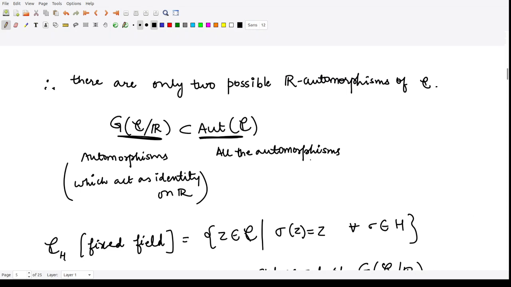So here we have constructed this. We had this field as R, this extension field as C. So we have constructed another fixed field over here, C^H, which lies intermediate to these two.